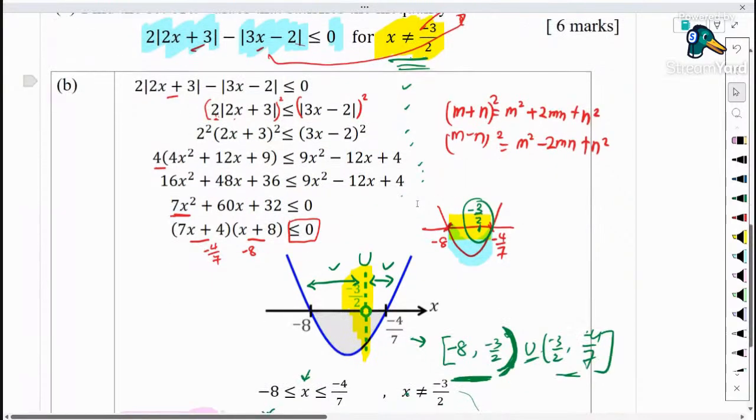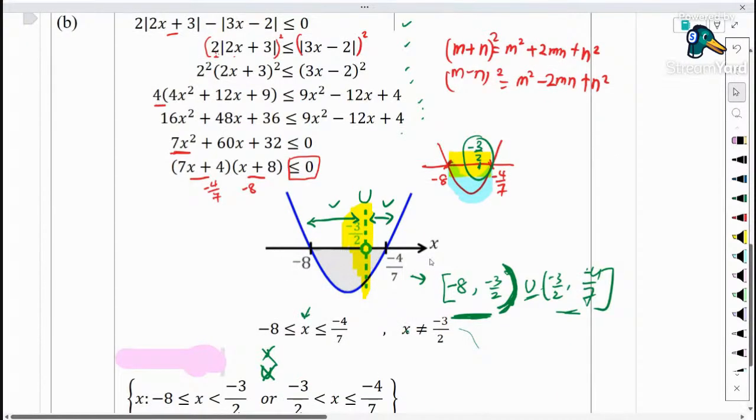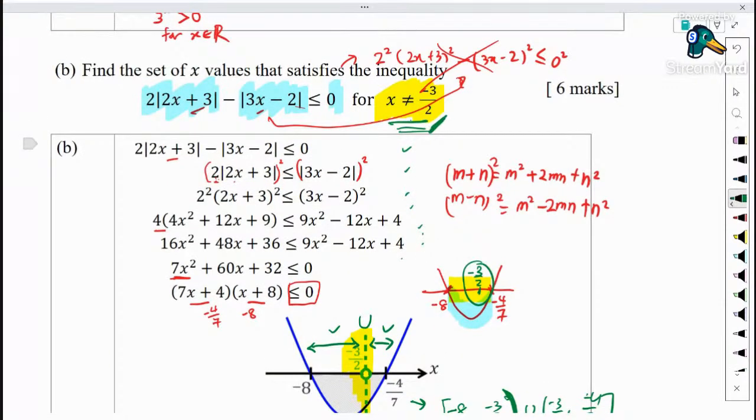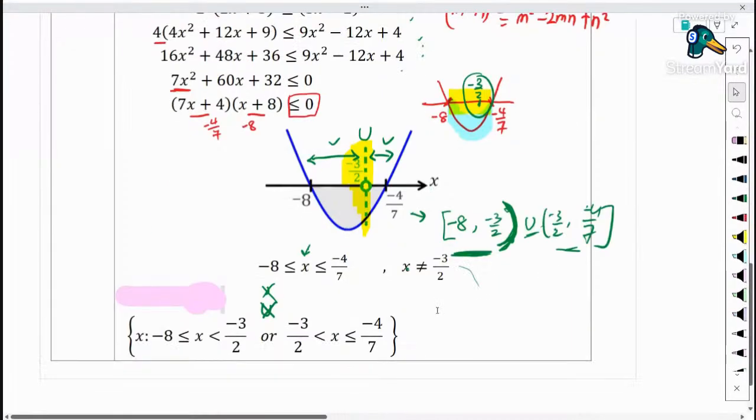But in actual fact, during the exam, you don't have to write it down in every single step. You just need to remember it at a certain moment before the final answer and consider it, like what happened in my diagram. I remembered that it shall not include negative 3 over 2, so I considered it in my diagram, and from there I went for my answer.